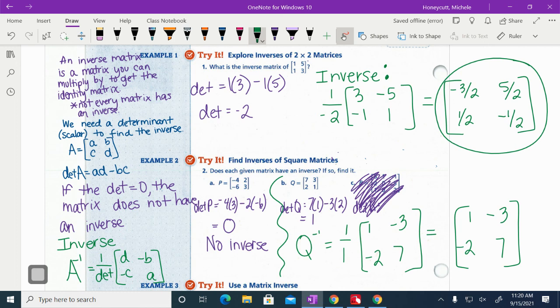Why isn't it negative 1, 3, negative 7? Because you don't put negative for A and D. You just switch them. A and D switch places. Oh, I'm sorry. Yeah, just 1 over the determinant.